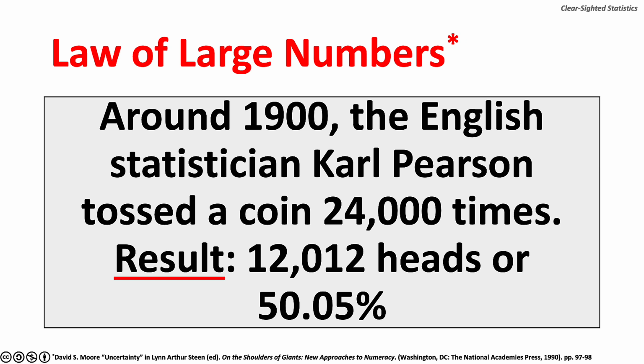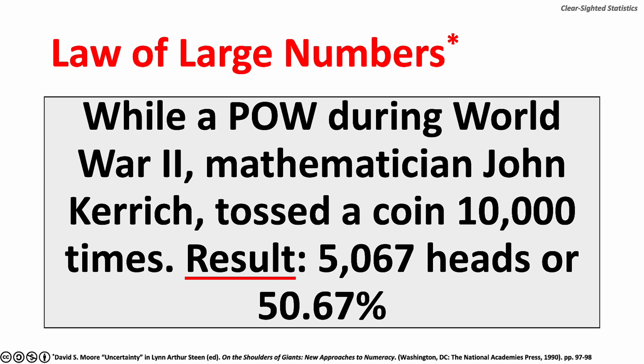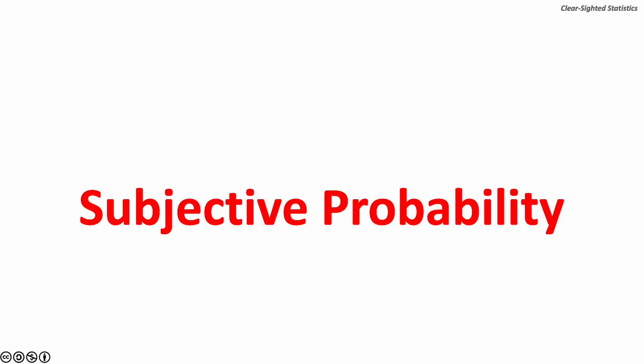The result, 12,012 heads, or a 50.05% probability. While a prisoner of war during World War II, mathematician John Kerrich tossed a coin 10,000 times. Result, 5,067 heads, or a 50.67% probability.